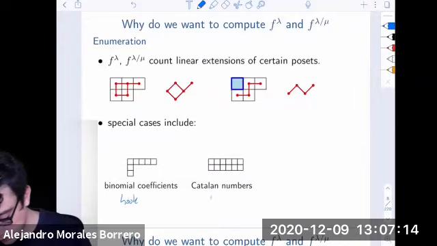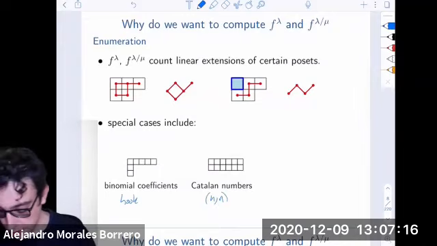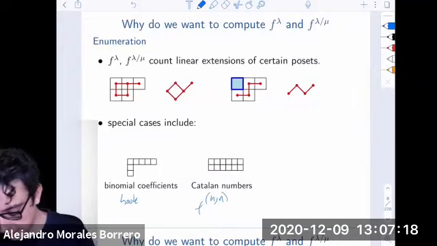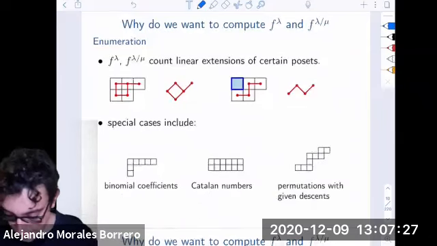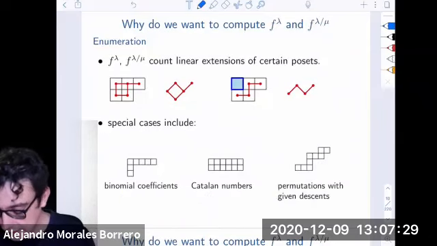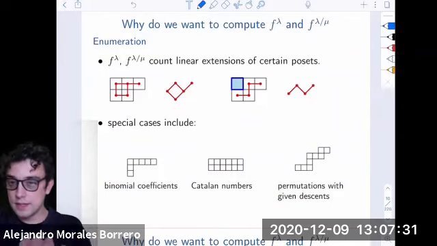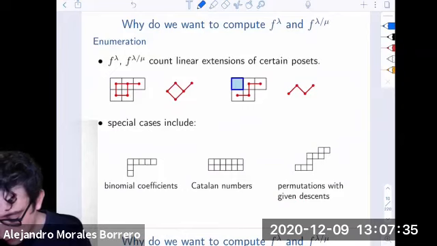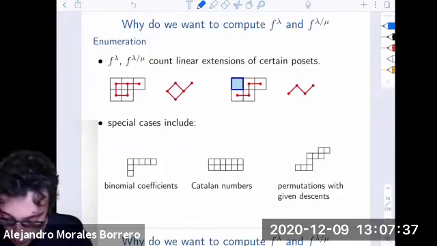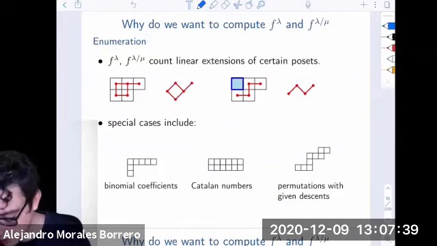When the shape is just 2 rows, the number of standard tableaux is given by the Catalan numbers. And even when you have skew shapes like zigzags, where you have a connected shape with no 2 by 2 boxes, the number of standard tableaux of that zigzag is equivalent to counting permutations with a given descent set.